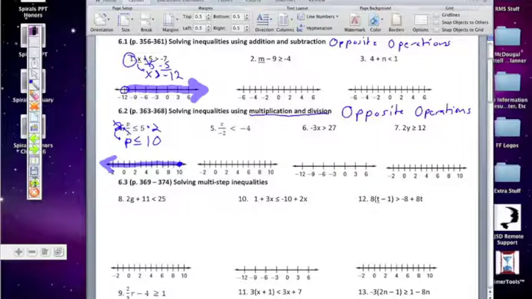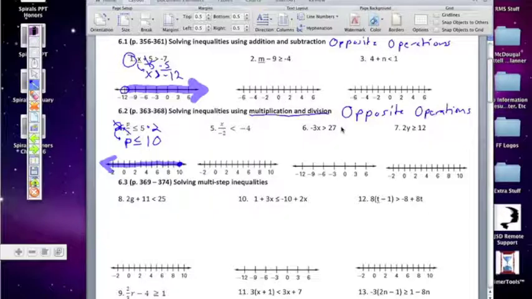I would like to jump over to number 6, because although all of these, 4, 5, 6, and 7, are going to use multiplication or division, there is a special situation that happens when we move a negative number. So in number 6, negative 3 times x is greater than 27.